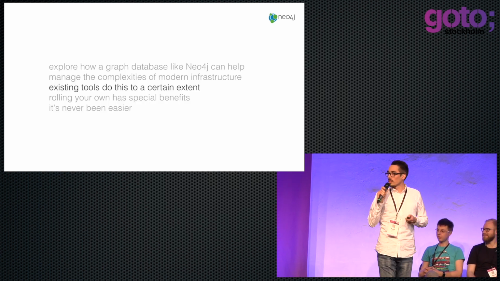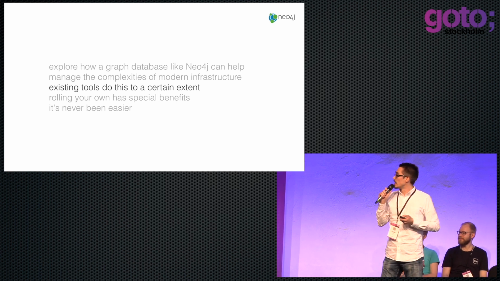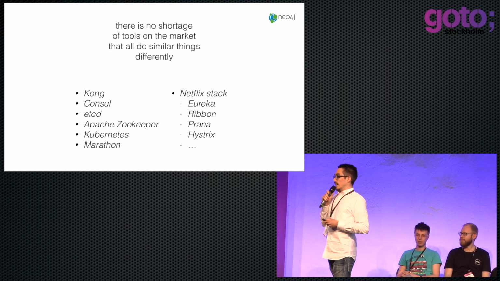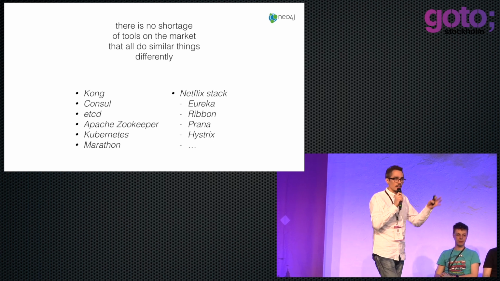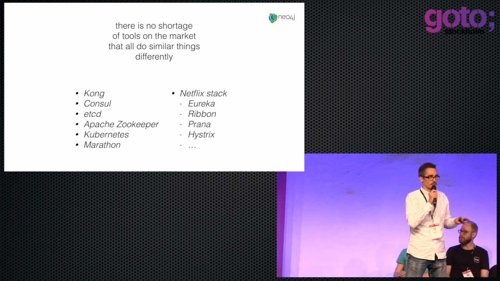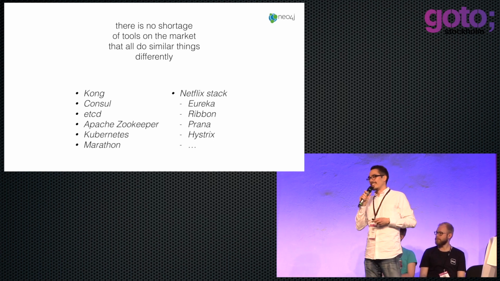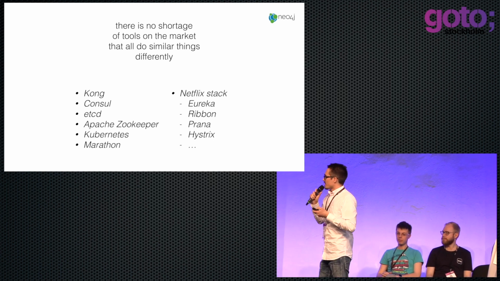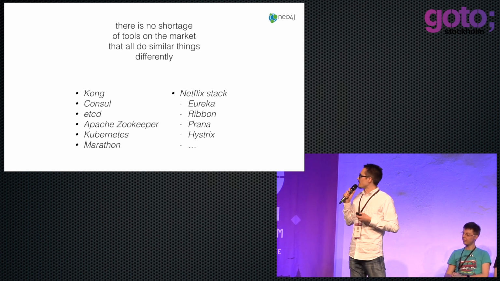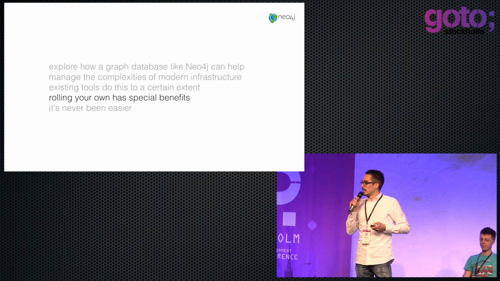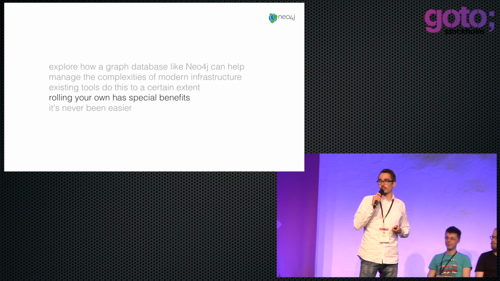So there are tools that do this already, lots of different tools, and they all do similar things in slightly different ways, and they all overlap like a Venn diagram flower. You always end up tweaking them and figuring out, what should I use now? Okay, we've used etcd for 2 weeks. Should we switch to this thing now, because this thing does this also? But etcd also does this. Well, there are some benefits to rolling your own solution.